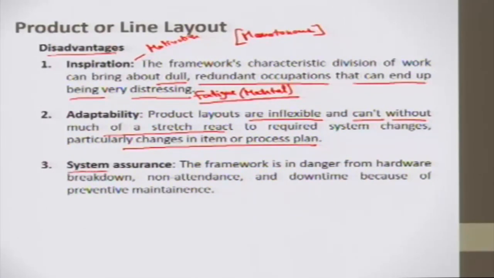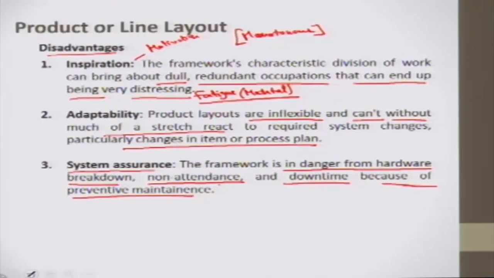Then system dependability. The product or line layout is in danger from the equipment breakdown or absenteeism. Absenteeism means absence of the workers, and downtime because of preventive maintenance.